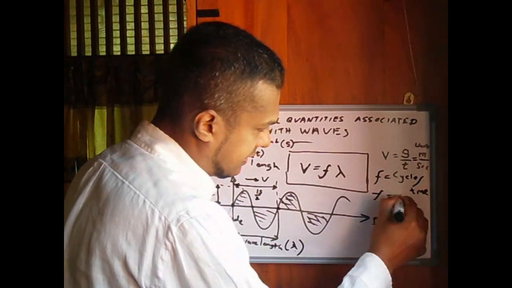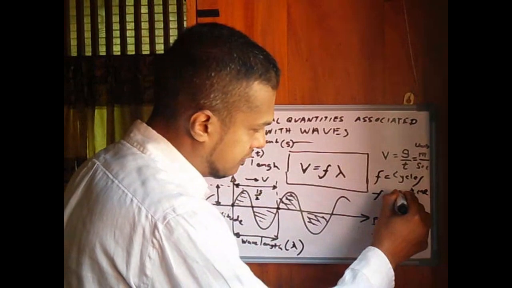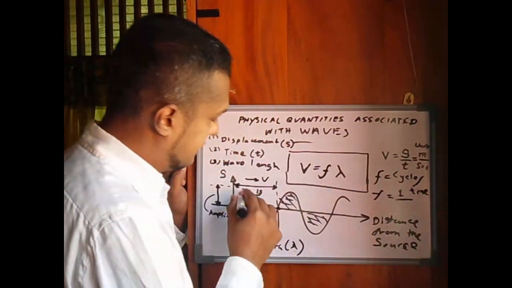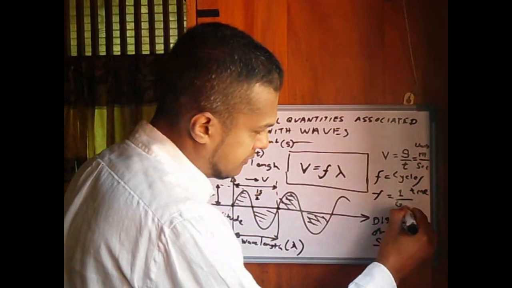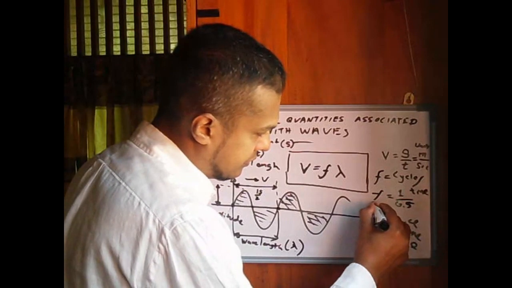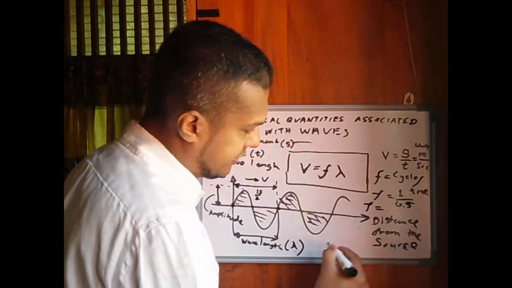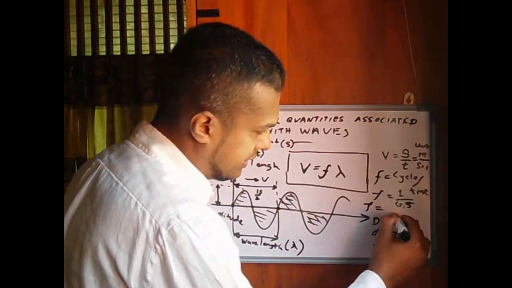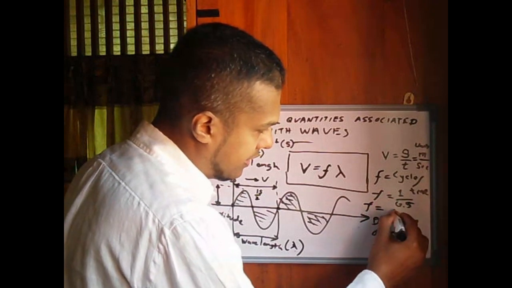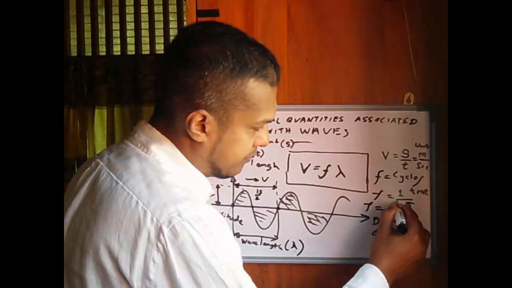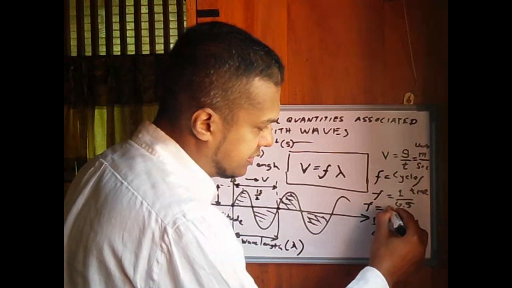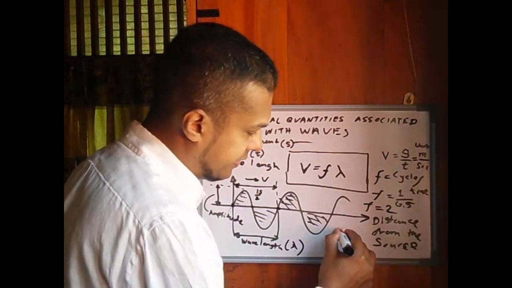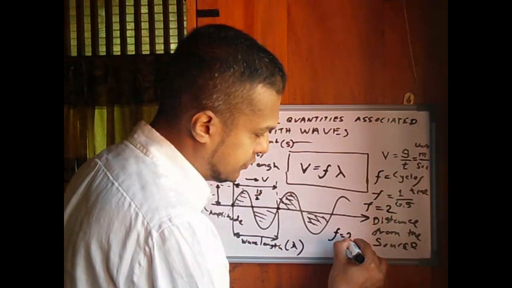One cycle and time is half a second, so the frequency in this case would be 1 divided by 0.5, which is 2. So the frequency in this case is 2.